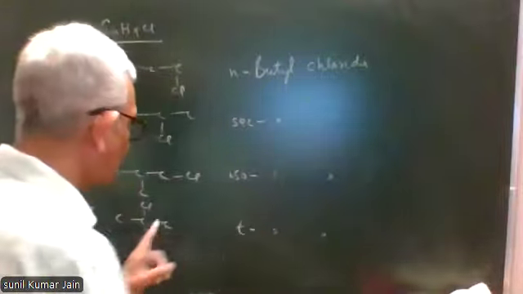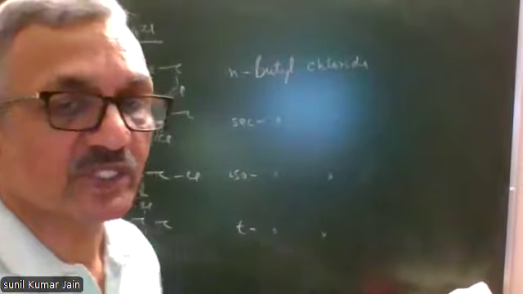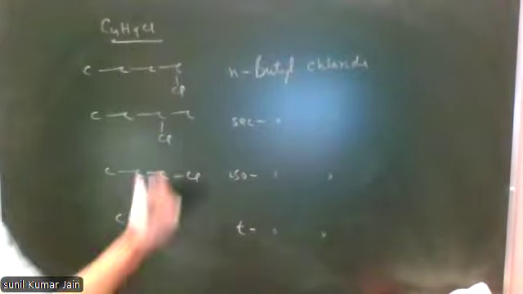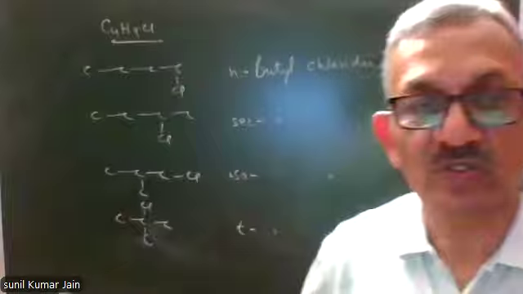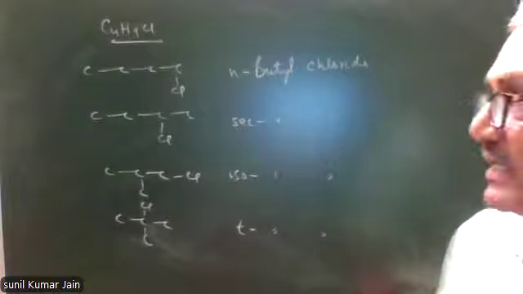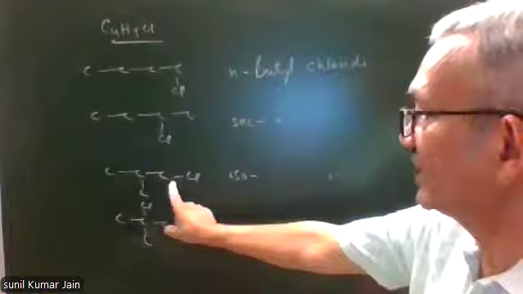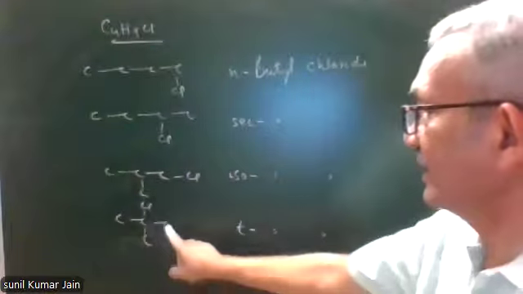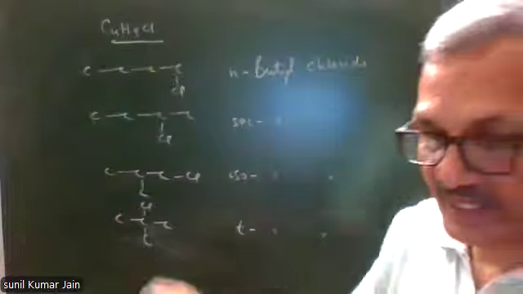This is tertiary butyl chloride because chlorine is bonded to a tertiary carbon atom. So all the 4 have different prefixes and proper common names. Their IUPAC names will be 1-chlorobutane, 2-chlorobutane, 1-chloro-2-methylpropane, and this will be 2-chloro-2-methylpropane.